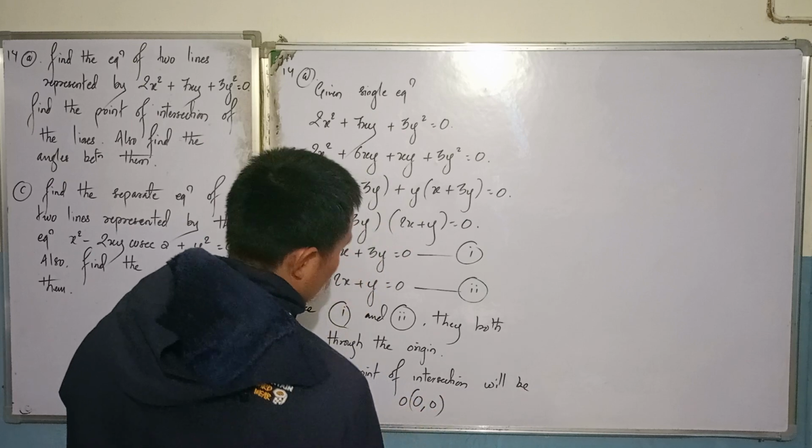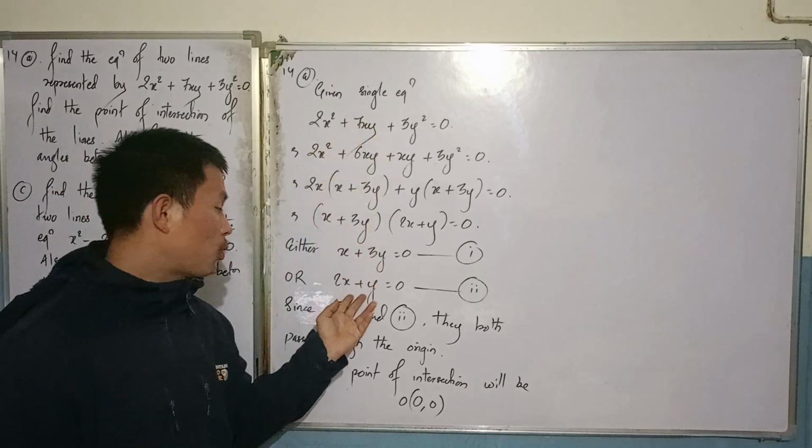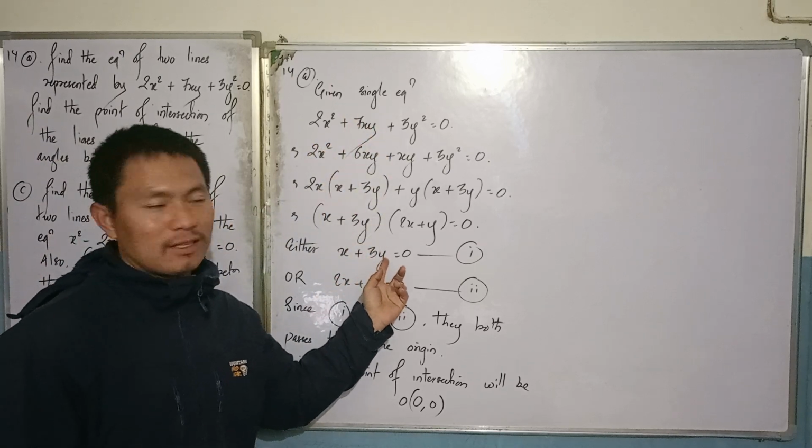Okay, so in this both equation, okay, in this both straight lines, they don't have the constant terms.